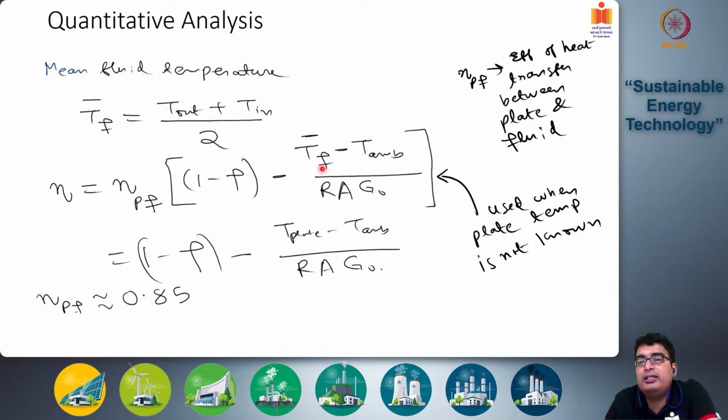Here it is mean fluid temperature minus ambient temperature by RAG0. Okay. This is said to be equal to this expression here. Eta PF into 1 minus rho minus mean fluid temperature minus ambient temperature by RAG0 is equal to 1 minus rho minus T plate minus T ambient by RAG0. Okay. So we have replaced the plate temperature by the mean fluid temperature and taken an efficiency of heat transfer between the plate and the fluid as a correcting factor. And this eta PF is of the order of 0.85.